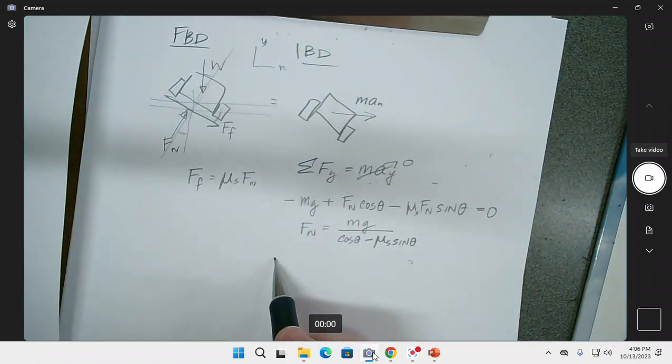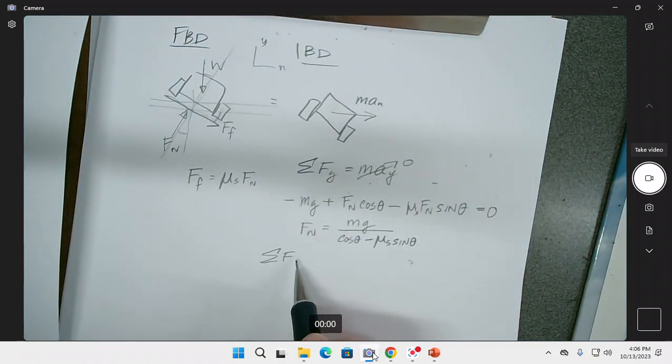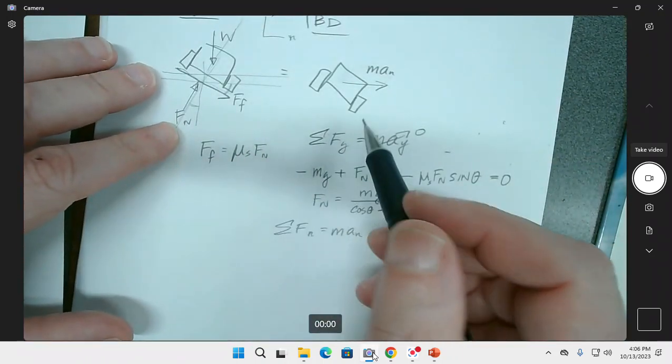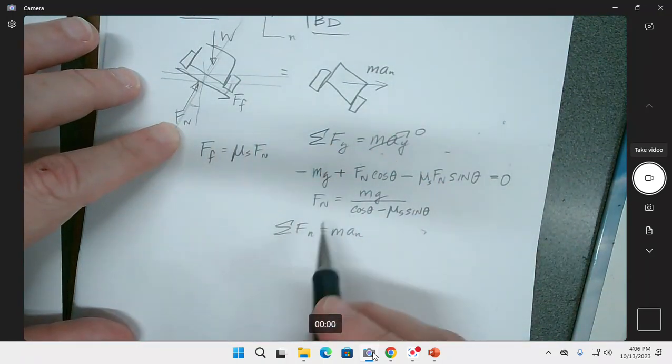Now we come back up to the top and say sum of the forces in the normal direction, mass times acceleration in the normal direction, and the normal direction would be horizontal.